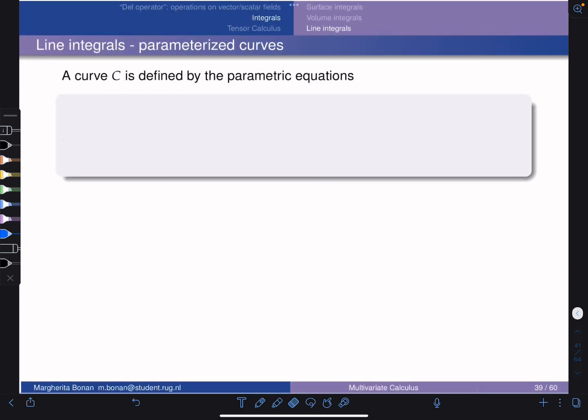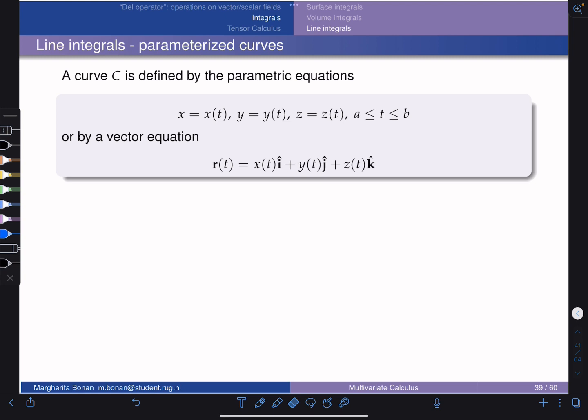First, we look at what a parametric equation is. A curve C can be defined with the parametric equation, for example, x, y, and z, and a parameter t that can vary in an interval between a and b. This can be summarized in the vector equation.